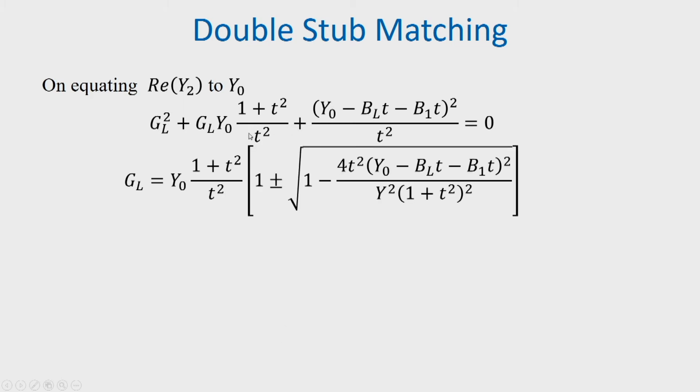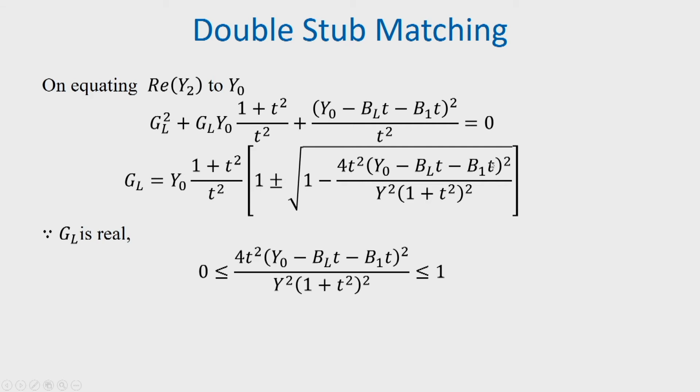This is a quadratic equation. We can find out GL, and what we find is that GL is real. Therefore, this term, please notice both numerator and denominator are positive values because of these squares, and therefore, if we want to get this GL to be real, this entire term has to be less than 1.